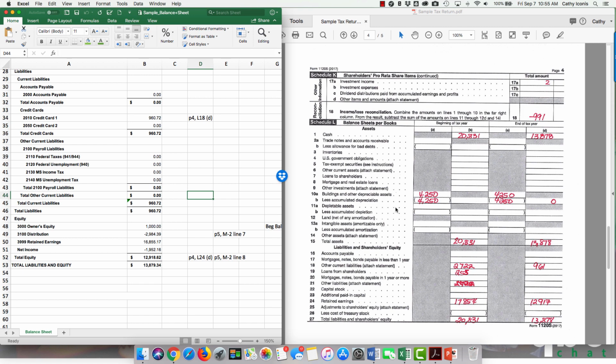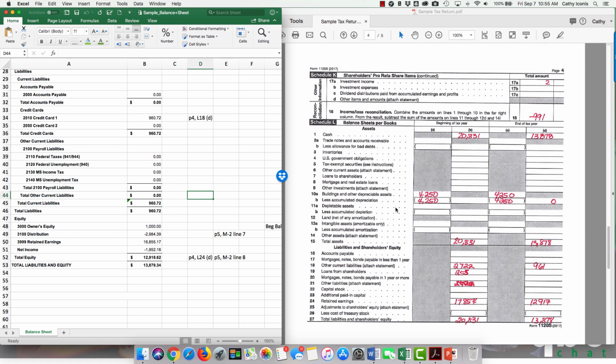Our ending, things shouldn't change after we reported a return. So we get that, and then we can move forward and prepare that tax return for the next year. If they're off, then they have to do investigating as to why they're off. Their numbers are off from your numbers in prior years. And this is why we want to make sure they match up so that the tax preparers aren't having to spend a whole bunch of extra time and our clients' money to figure out what happened.